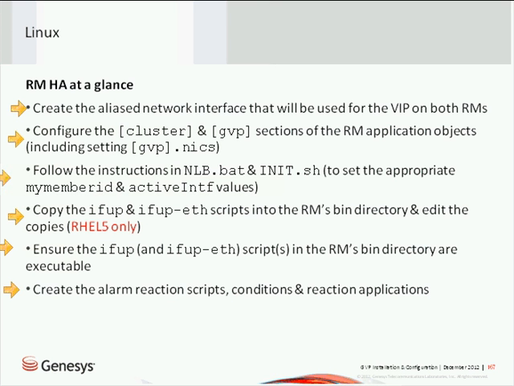So if the RM happens to crash and the other one takes over, unless the actual whole server has gone down, that aliased virtual IP will still be up on the old server, and it will also be up on the new server that's taking over. And so there has to be a way of shutting down that interface, and that's what these alarm reaction scripts do.